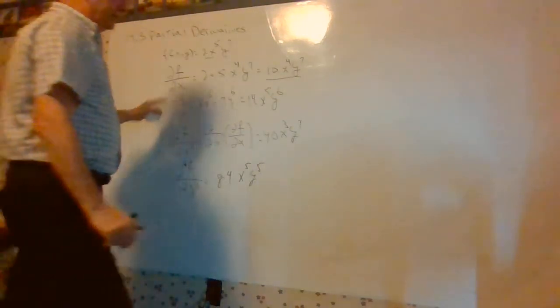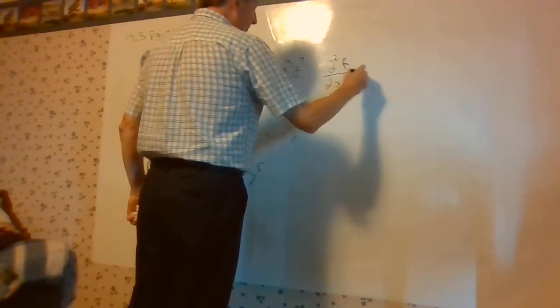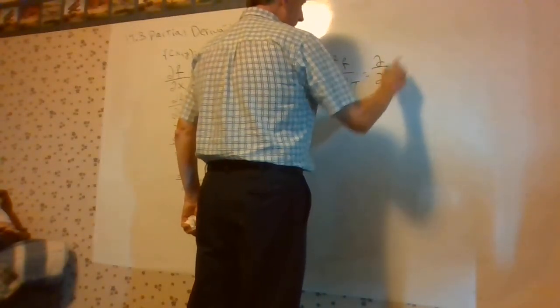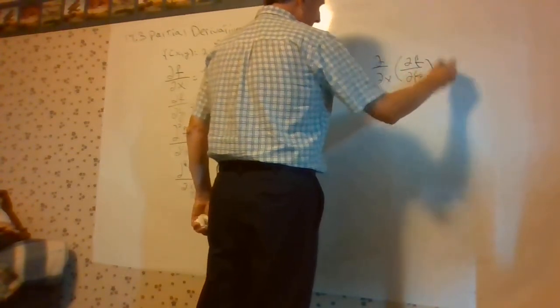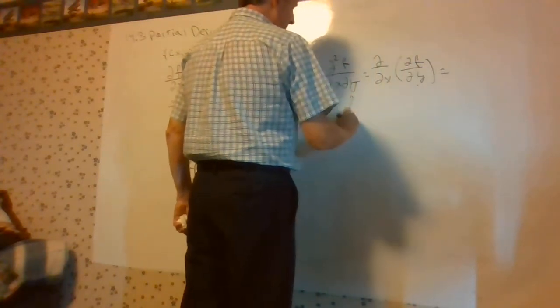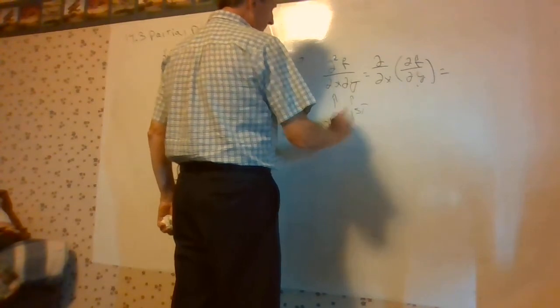We can have mixed partial derivatives. Partial squared f with respect to x with respect to y really means partial with respect to x, partial of f with respect to y. And so in this case, we do the y first, do the x second.